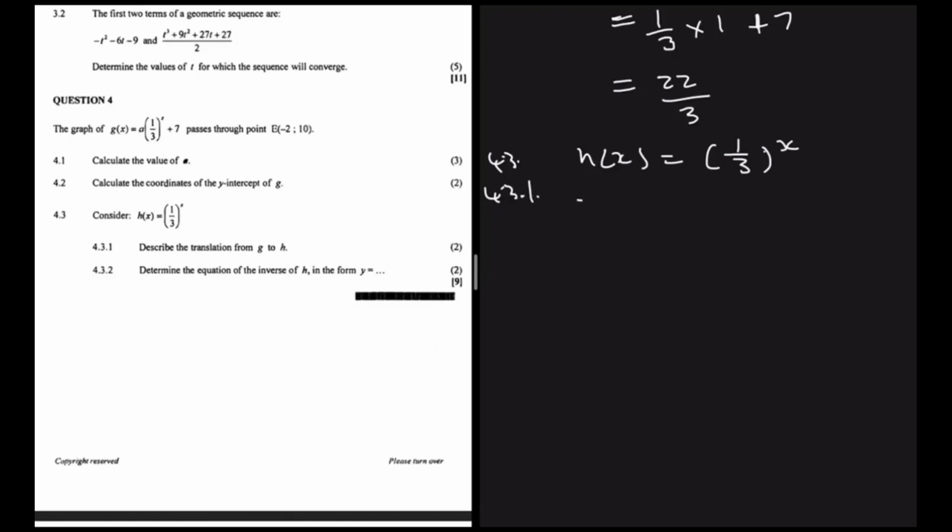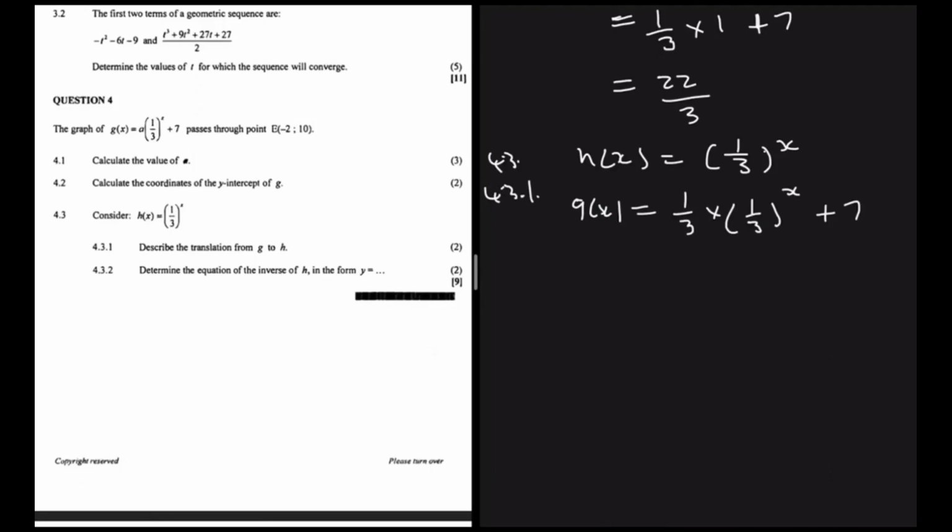So g of x is 1 divided by 3 multiplied by 1 divided by 3 to the x plus 7, right? In order to tell what transformation is going on, you have to write one function as close as possible to the other. For h of x, it's really plain, right? There isn't much we can do.